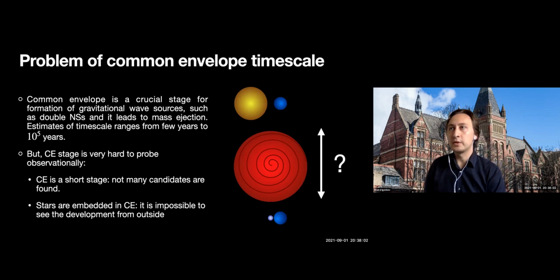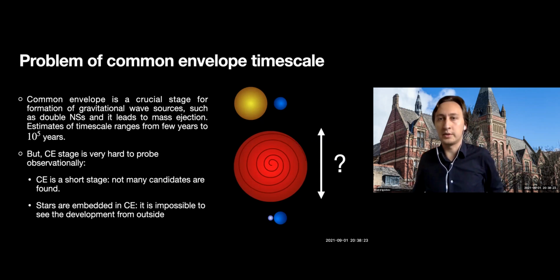So a problem here is that the common envelope stage is really hard to probe observationally because it is a very short stage. So only a very small number of stars is at this particular stage at the moment. And also during the common envelope process, stars are embedded inside the gas cloud, so it's hard to observe.